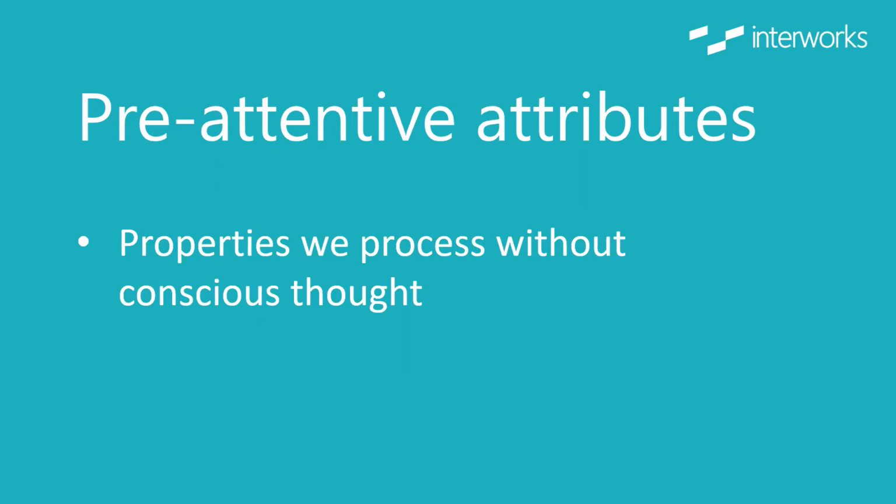You haven't had to consciously think, I wonder if this value is larger than the other one, because immediately, before you have even paid any attention to that chart, your brain has said, that's longer than that. So we can leverage these to make our end users get the information as fast and as efficiently as possible.